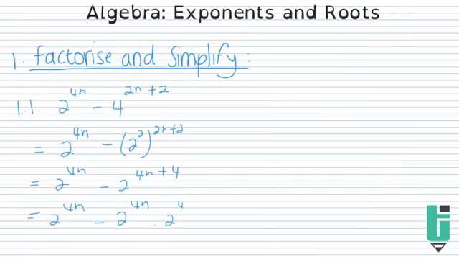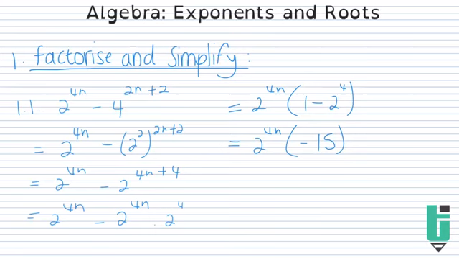Cool, so we have our common factor. Let's take it out. So we can say this is equal to 2 to the 4n multiplied by 1 minus 2 to the power 4. Awesome. And then inside the brackets, we can simplify that, and it'll just simplify to minus 15.